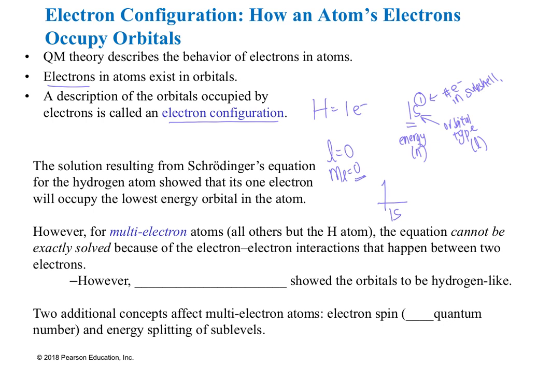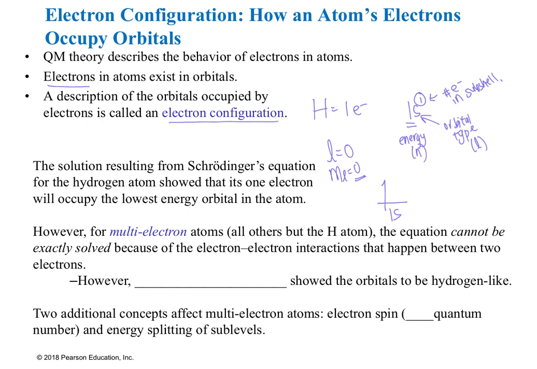Now, as we get to more electrons, so anything other than hydrogen, we are going to approximate the equation because it can't actually be solved when there's more than one electron. But hydrogen tends to be a pretty good approximation.